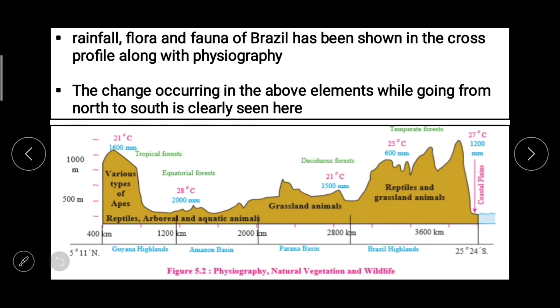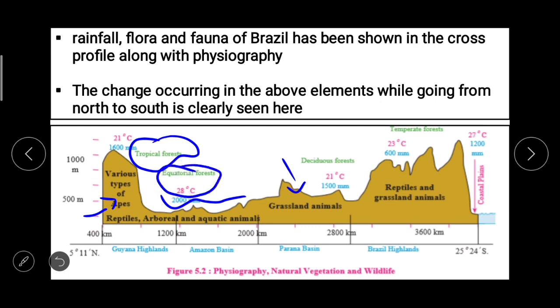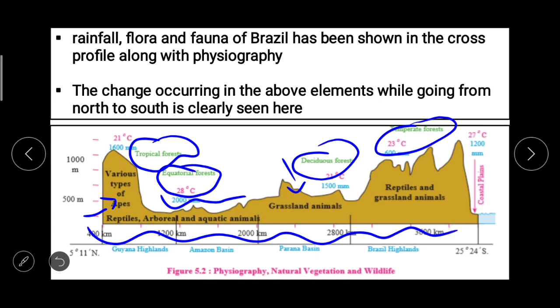Here you can see various types of apes, reptiles, and then the change in the fauna. Here grassland animals. Actually this is what is the type of forest: tropical forest, equatorial forest, deciduous forest, temperate forest, and how it is changing, that also you can see in this cross profile.